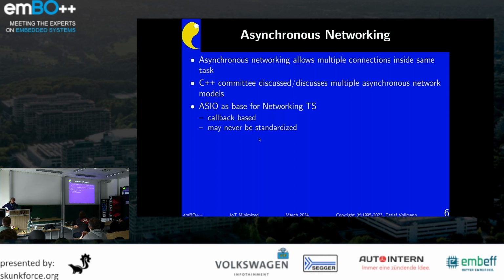So the other option is to do asynchronous networking. And that means you say, okay, you want to read 10 bytes from that network interface, and it immediately comes back, but this request is stored somewhere. And now you want to do something whenever those 10 bytes arrive.